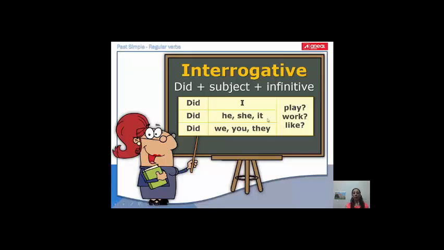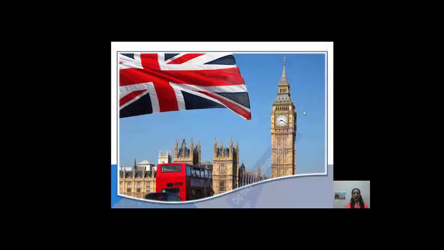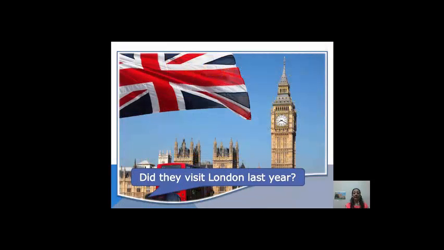Did he work? Did we like? This is the question form with the past simple tense. Begin with did plus subject plus infinitive verb and a question mark. An example, did they visit London last year?